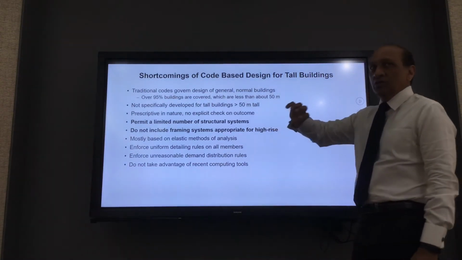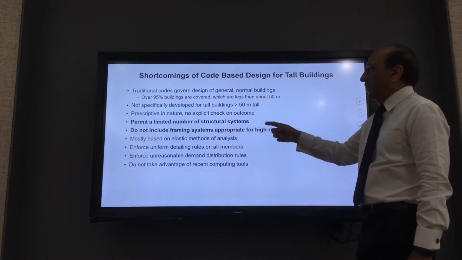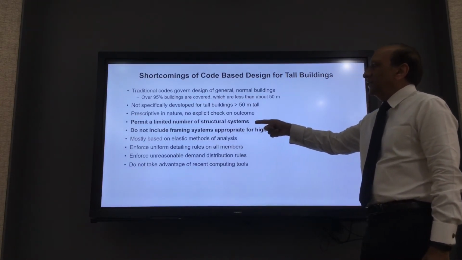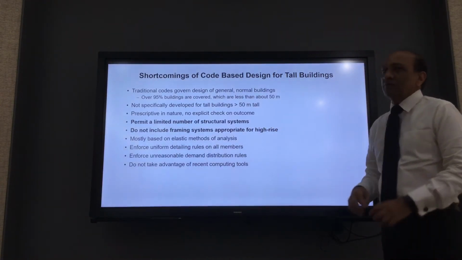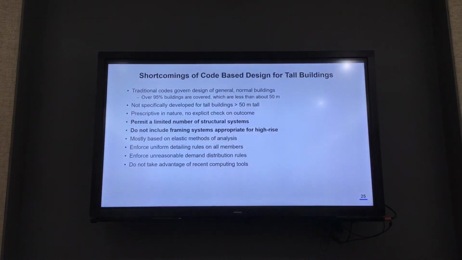That means you cannot do an explicit check. And then, most importantly, they permit a limited number of structural systems. They do not allow you to design something that you want to do, because the code factors are based on certain assumptions and certain limitations and certain testing. So if your structure is outside those, then the codes will tell you you cannot do this.